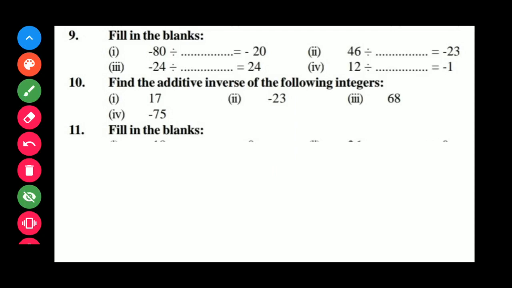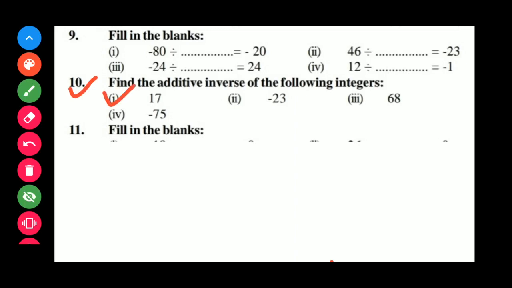Now come to the 10th question. Find the additive inverse of the following. Additive inverse: those numbers which, when we add, we get 0, that is the additive inverse. So the first one is 17.